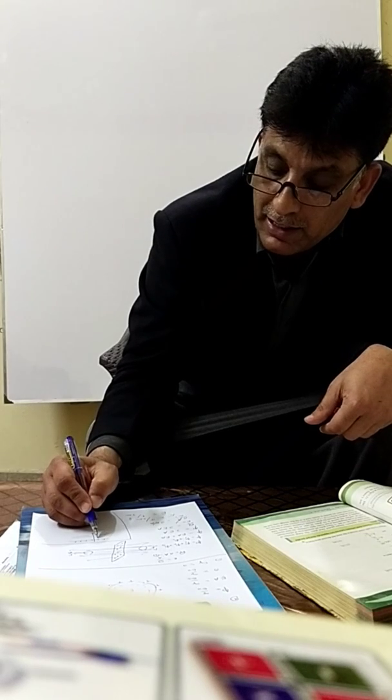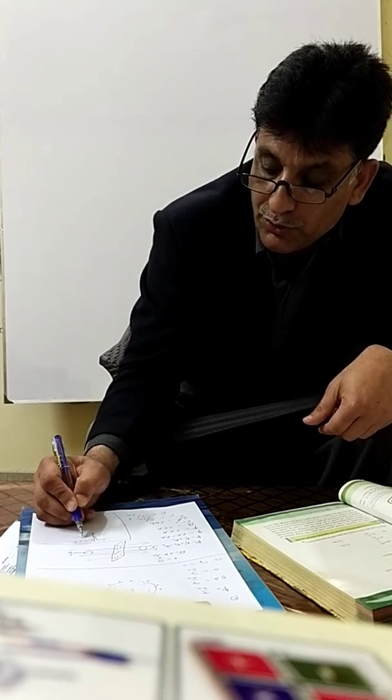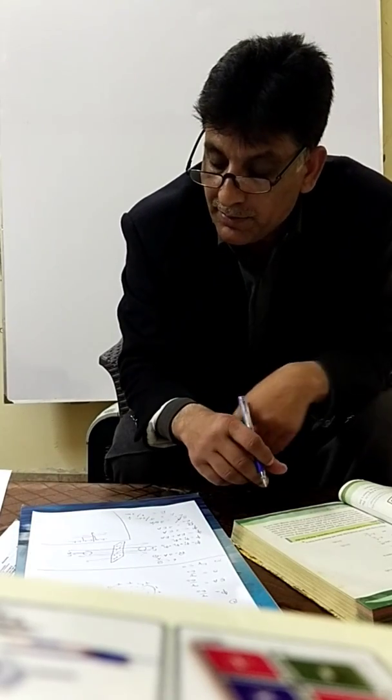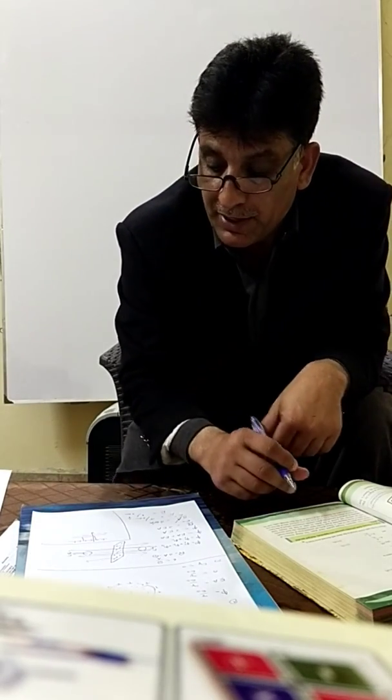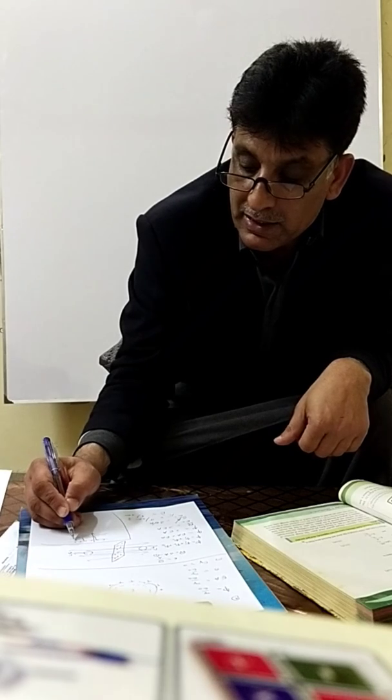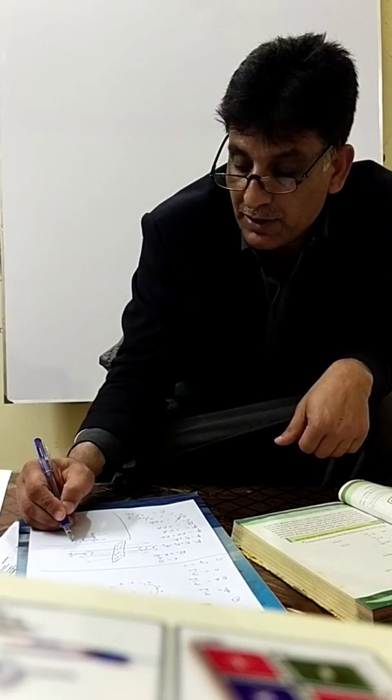Again, let us consider a closed surface, in the form of a square, where one face of the surface is enclosed within the positive plate.